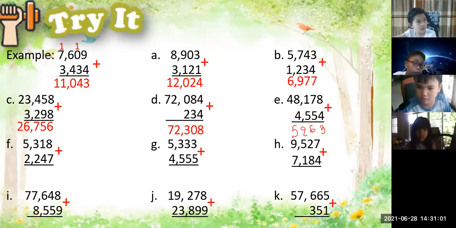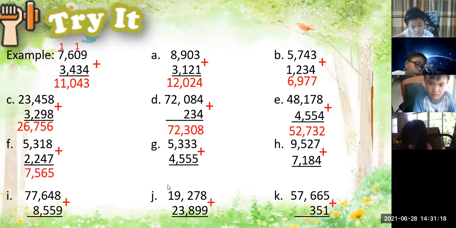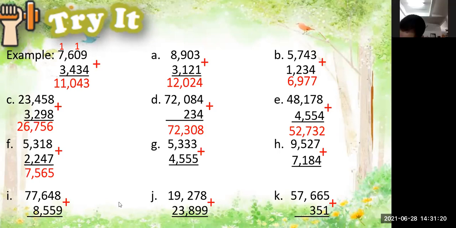Are you sure? 700. Okay, 700. 52,732. Now letter F. 6,207. Letter F, 700.